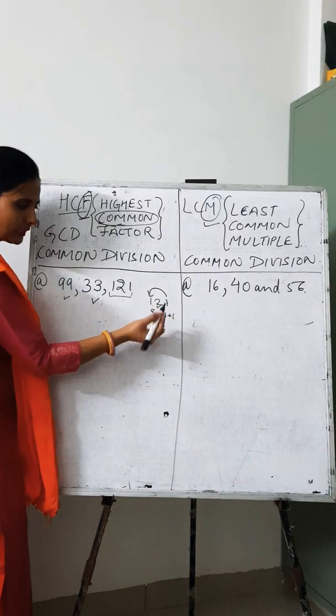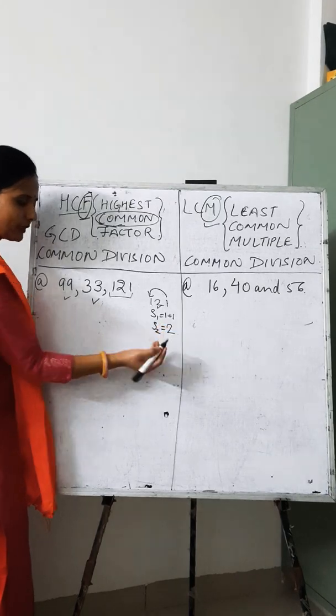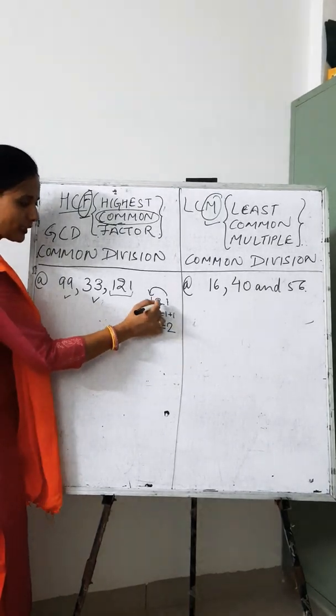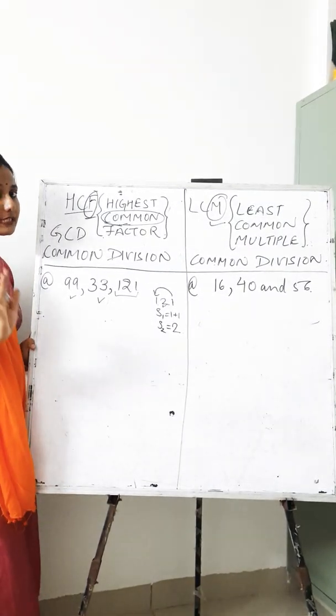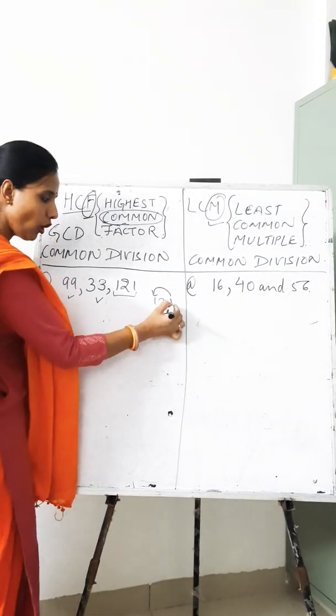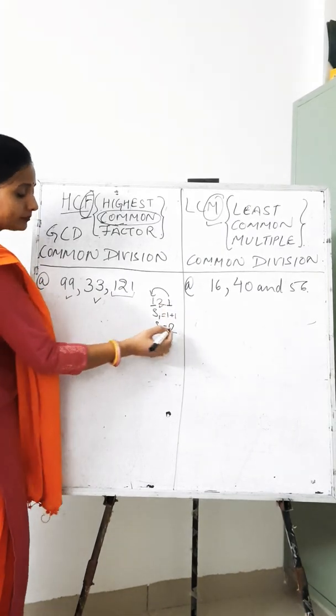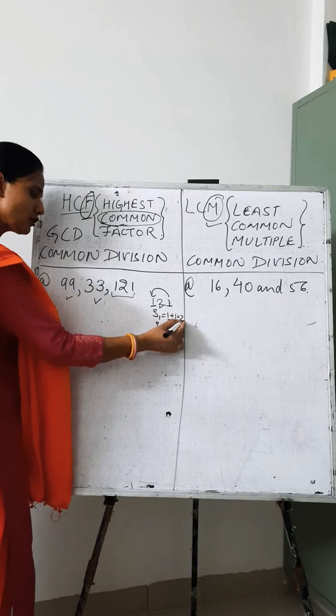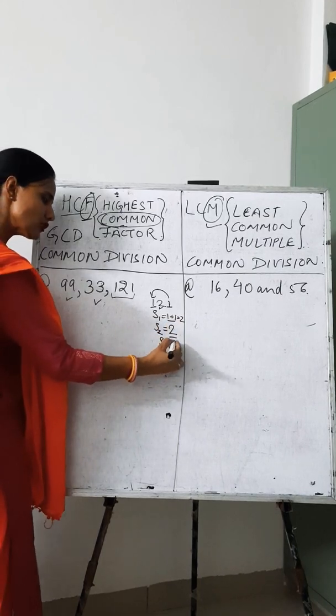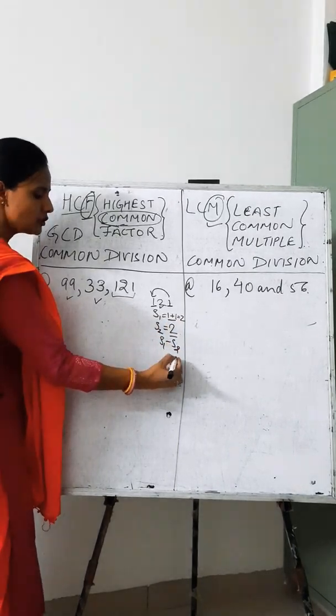S2 means the even place. Even place is 2 only here. Sorry, don't take it as an even number; this is the even place and odd places. So here I got 2 for S1, and for S2 I also get 2. So S1 minus S2, I will get 0.